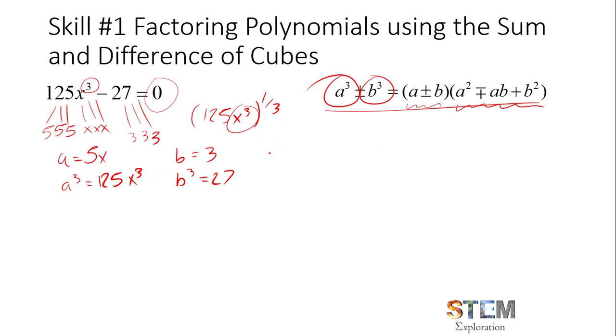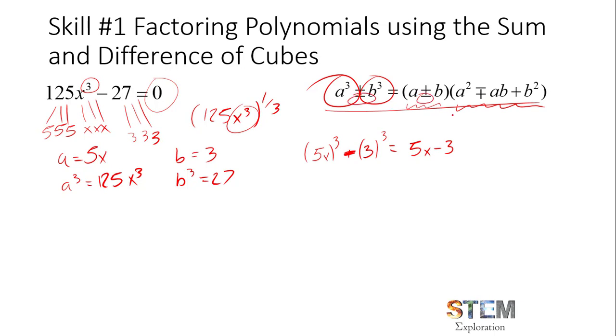A is 5x, b is 3. So we have 5x cubed minus 3 cubed, and this will equal 5x minus 3, because we're using the bottom half here.